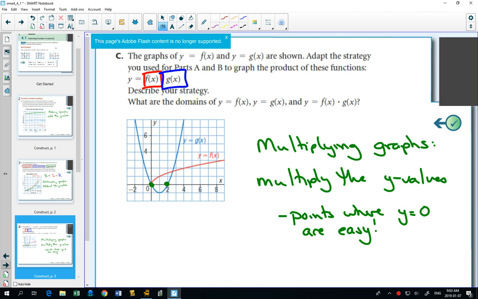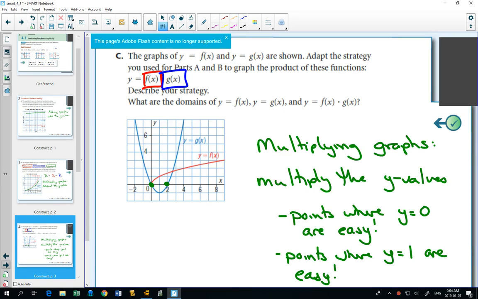What other things are you really good at multiplying by? 1. Points where y is equal to 1 are easy. So let's see if we can find a place on our red graph where the y value is 1.